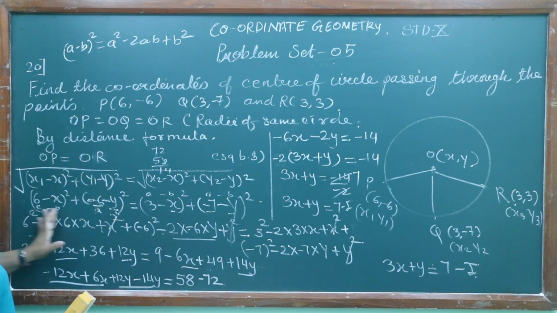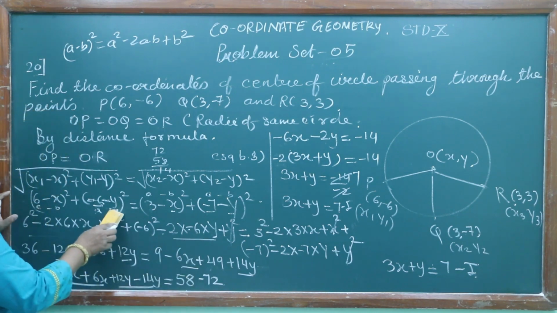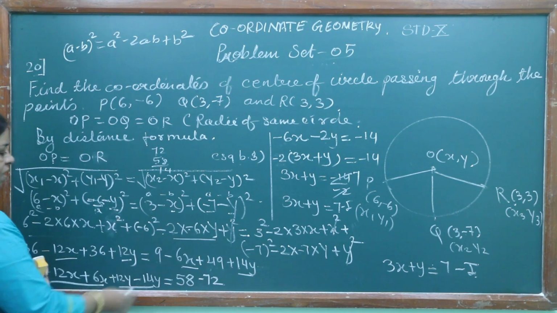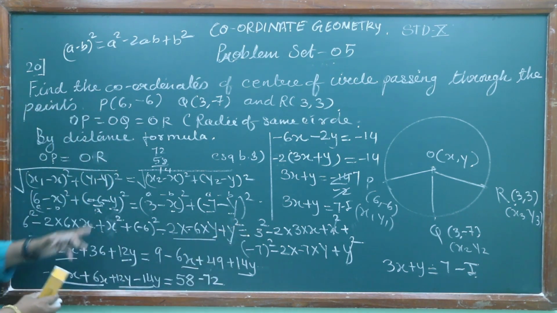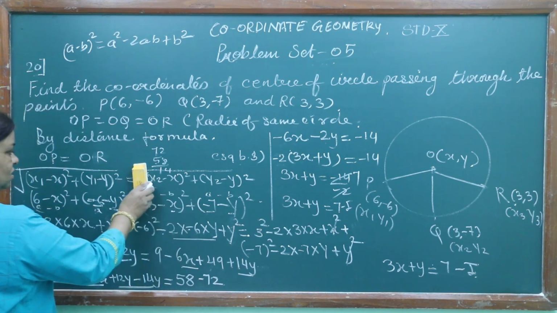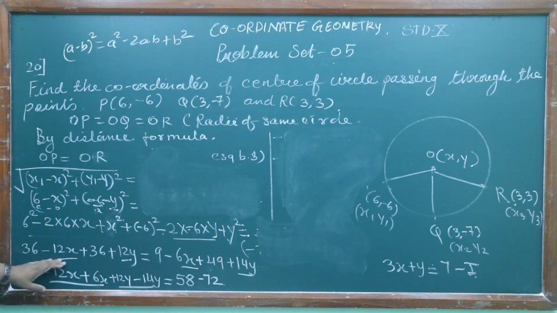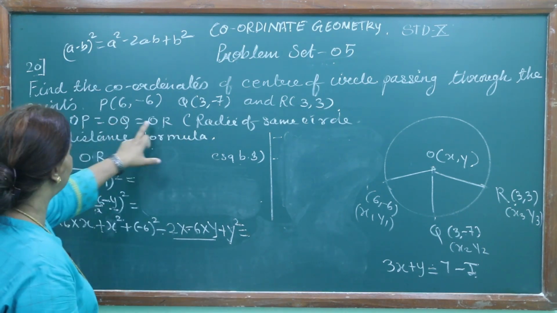This is OP, this is OP, this is all OP. Only x square which is written cancelled, I am writing x square, and this also y square as it is. Only here we need to make the changes. OP is equal to OR.